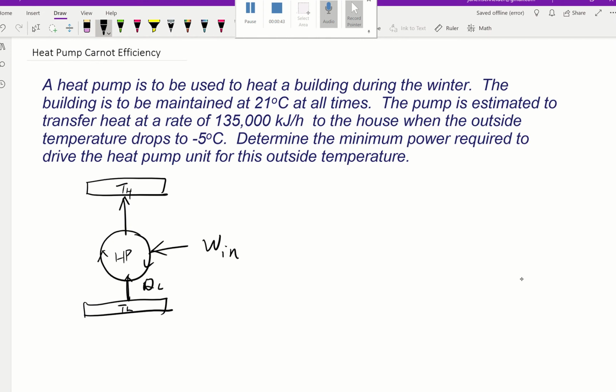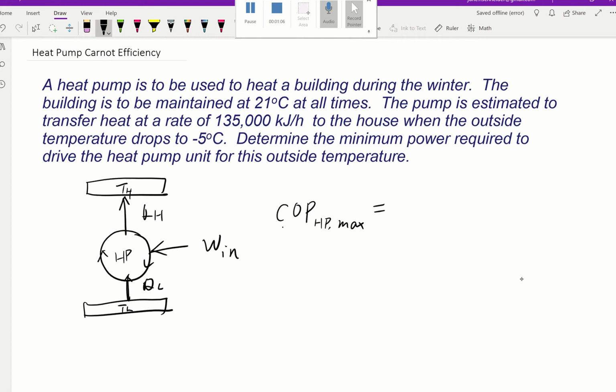So we have QL and QH right here. And for the Carnot efficiency, we actually don't use eta, right? We're using coefficient of performance. So for heat pump and the maximum, the formula is what's desired.